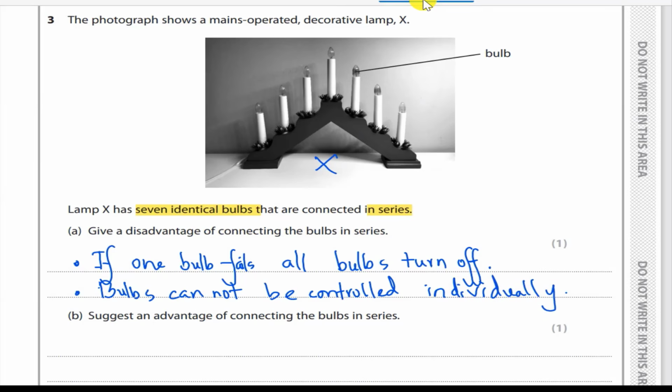Suggest an advantage of connecting the bulb in series. The main advantage of connecting the bulb in series, all bulb controlled with one switch.